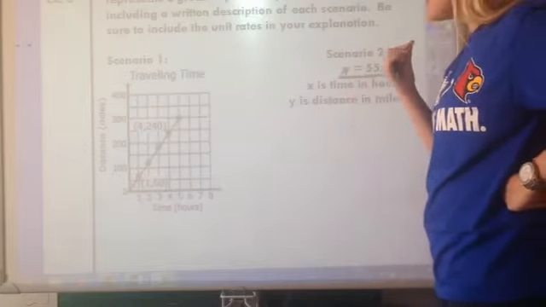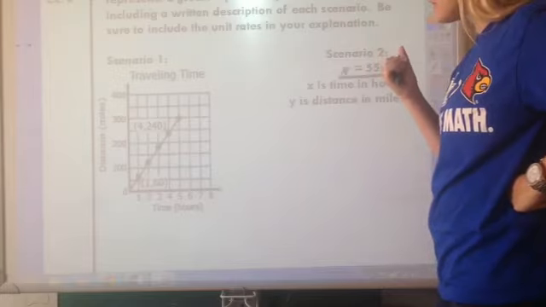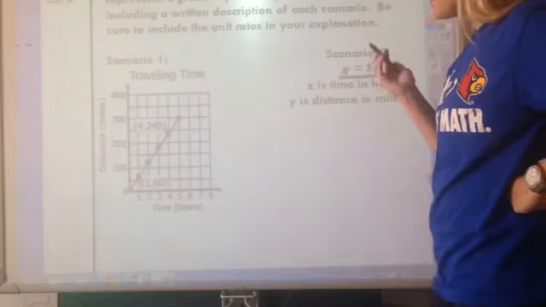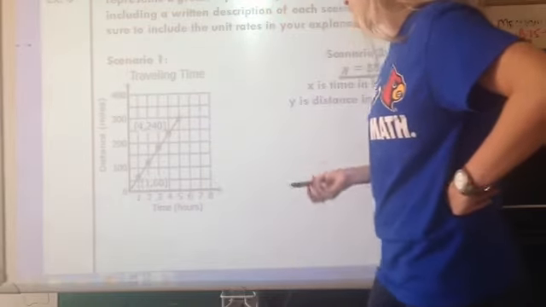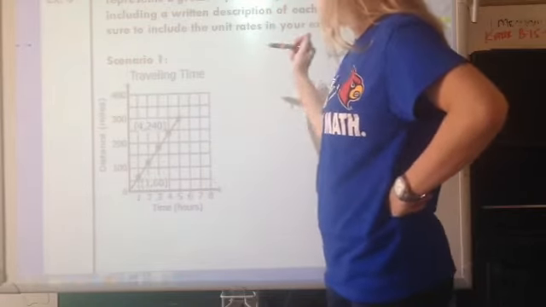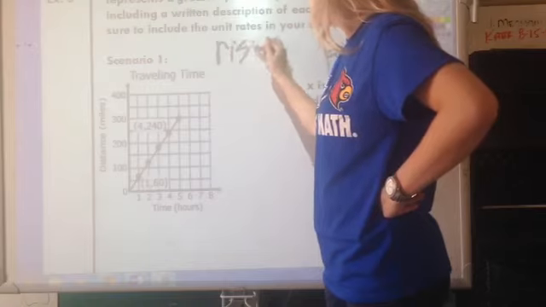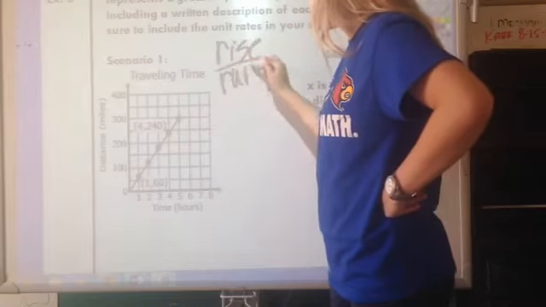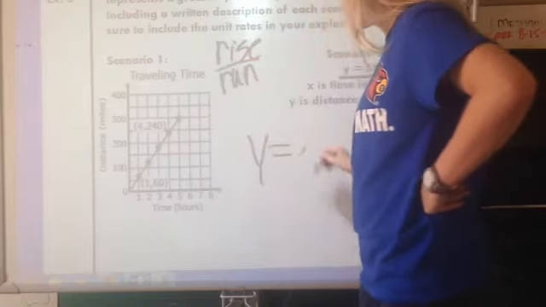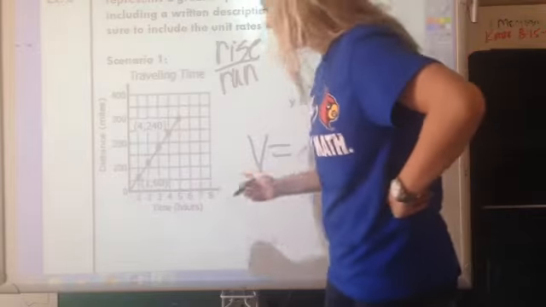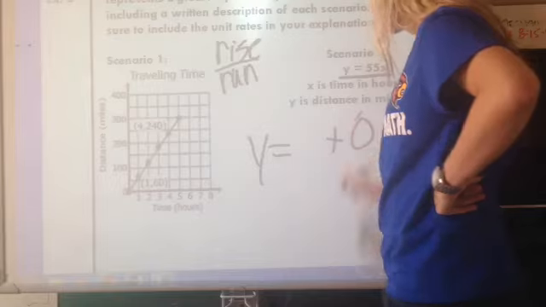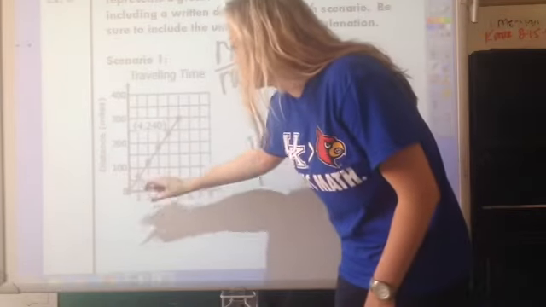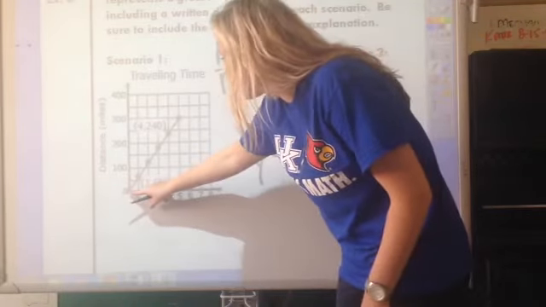What I need to do is figure out what the slope is for scenario 1 and figure out what its rate of change is. So again, what I want to do is find my slope, my rise, and my run. So I have y equals, and I see that my y-intercept starts at 0, so I can go ahead and add that in, plus 0. Then what I need to do is just find another clear point on the graph.